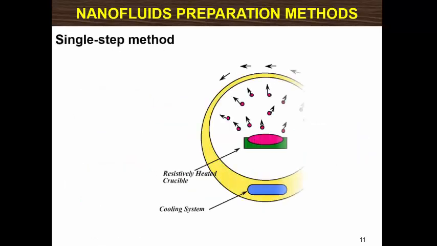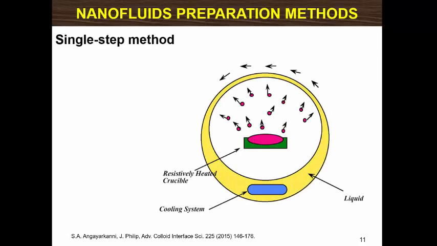In the single-step method, nanoparticles are produced and dispersed in the base fluid simultaneously. In this method, the aggregation of nanoparticles is minimized and the stability of nanofluid is increased. There is no comparison available for nanofluid produced by the single-step and two-step methods, but it can be said that for nanofluid produced by the single-step method, the production cost is high as compared to the two-step method.